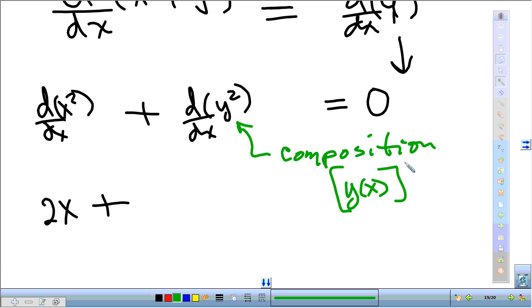And then we've squared that. So it's the square of y of x. So it's a composition. So when we put in the derivative, it's going to require the chain rule.